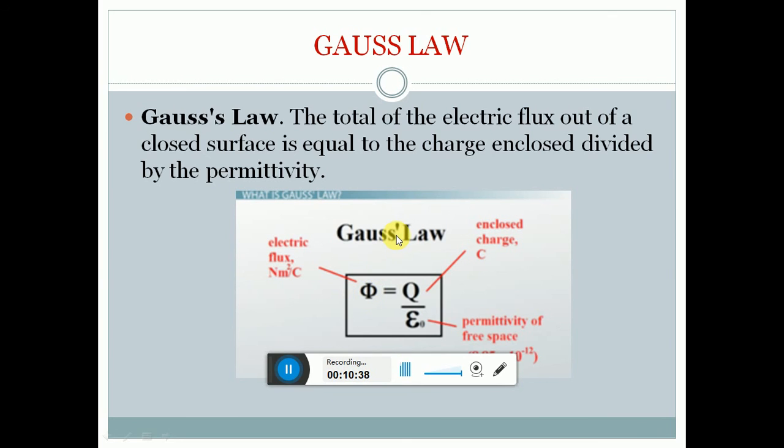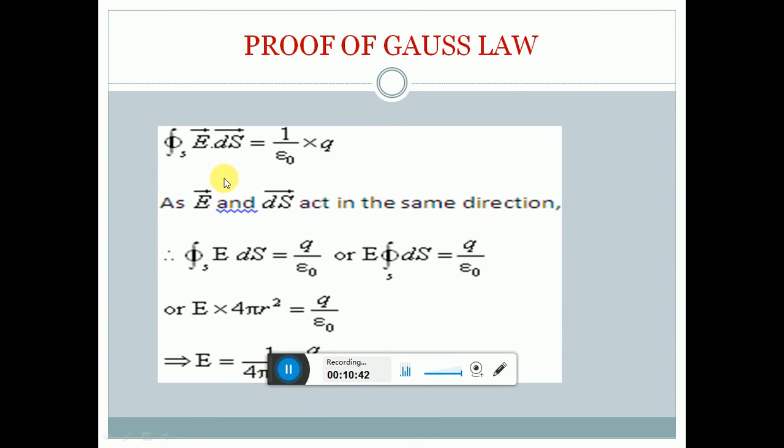What is the proof of this Gauss law? As I already said, electric flux is equal to the dot product of the intensity of the electric field and the area vector. So E bar dot ds bar is equal to Q by epsilon naught, when E and ds act in the same direction, like in this slide.